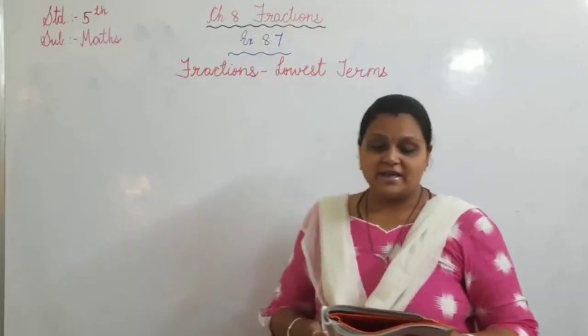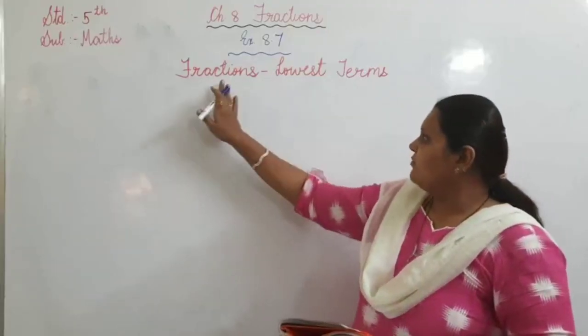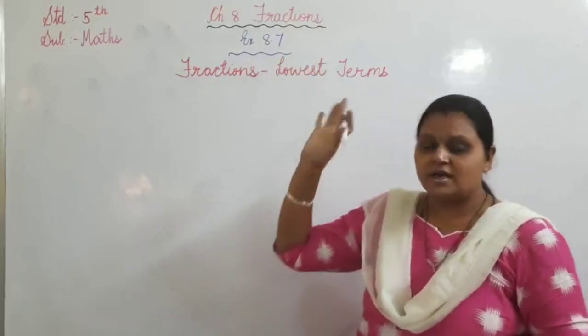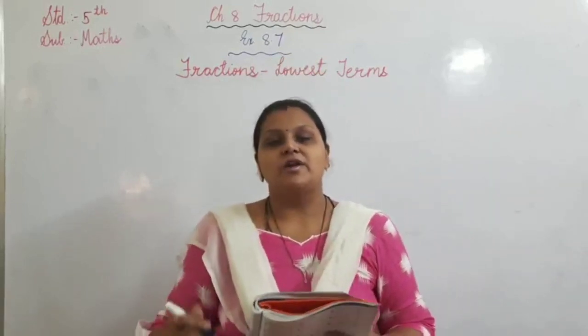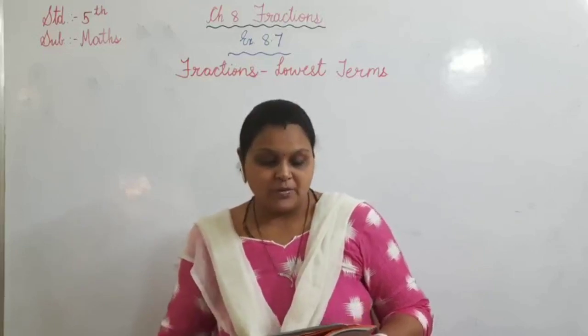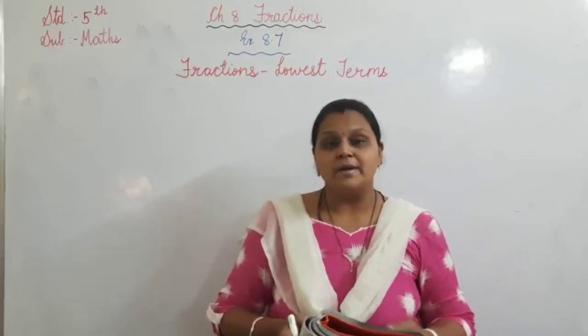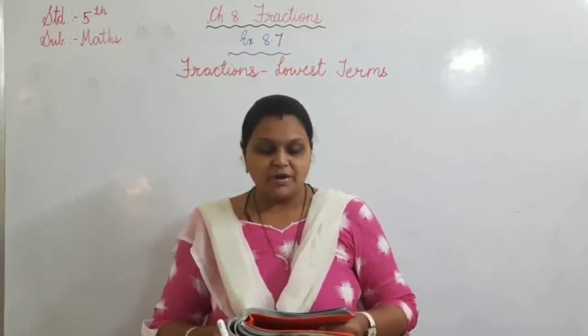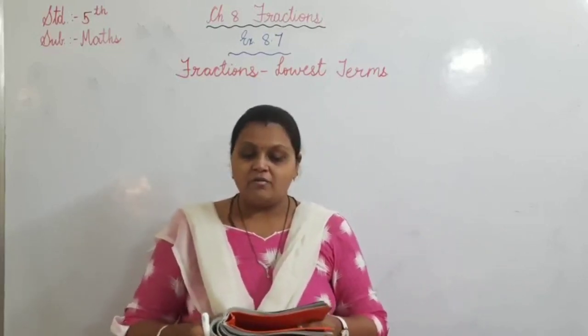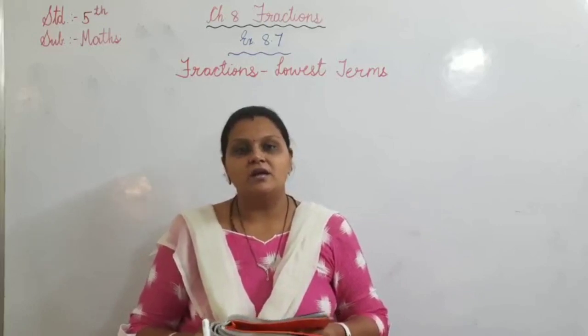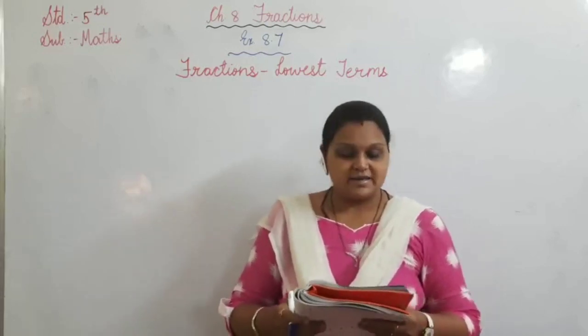Now next topic is exercise 8.7, fractions in lowest terms. How to convert a given fraction into lowest term. A fraction is in its lowest term or simplest form when its numerator and denominator have no common factor other than 1. How? Let's see.